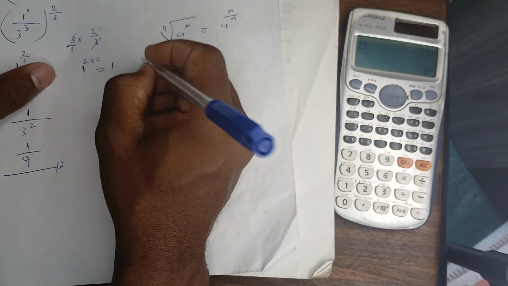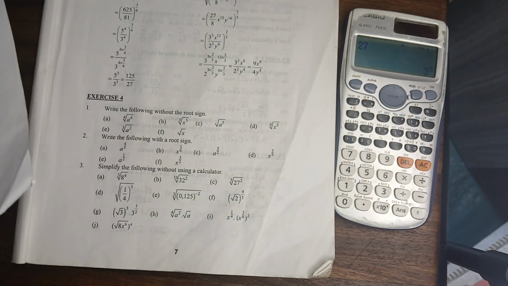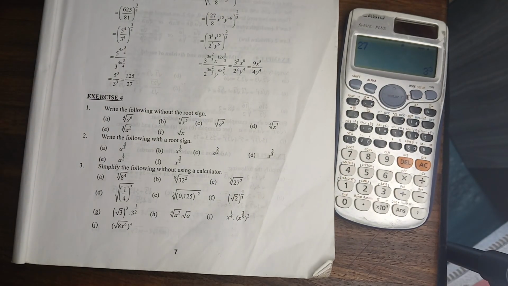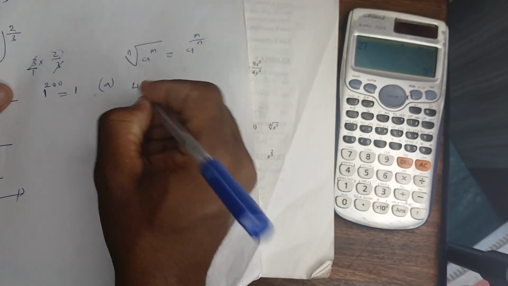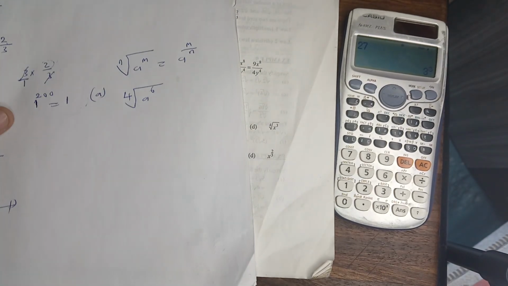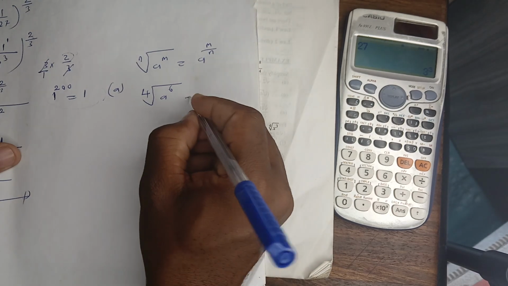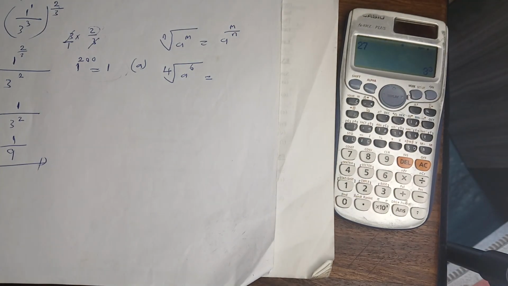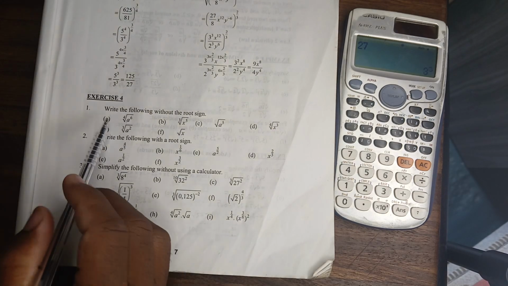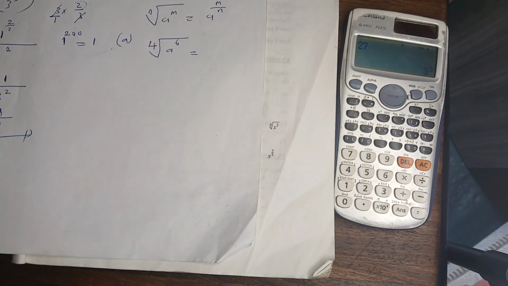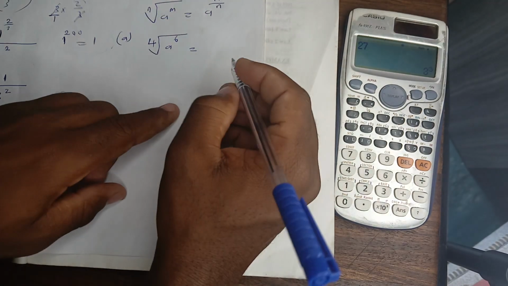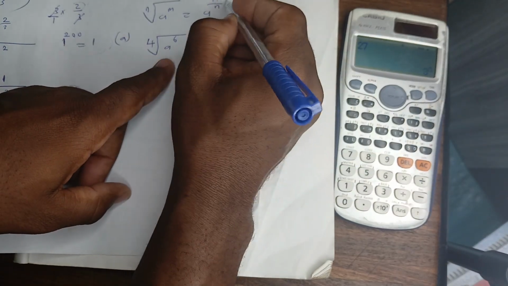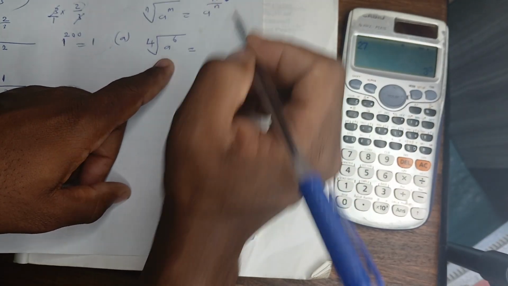So let us try a. As they are saying, we have 4 and that sign like this. Here, when they say we have to remove this, did they say simplify? Okay, they did not say simplify, by the way. So I'm going to write this. This is the law that we are going to use.